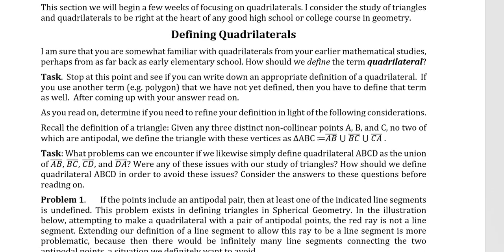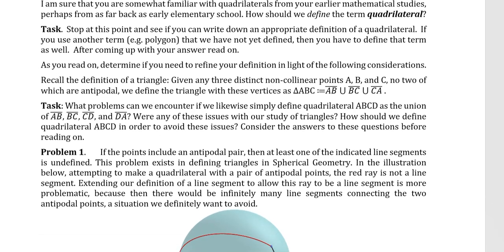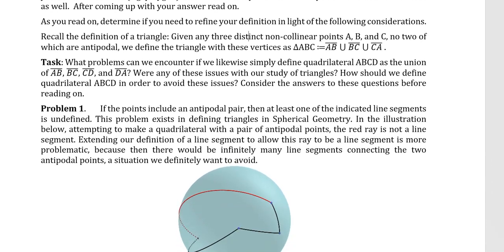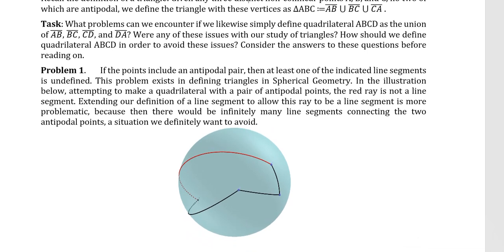Okay, so let's think about that a minute. Problem number 1. If the points include an antipodal pair, now this is only something for spherical geometry and non-Euclidean geometry. Recall that an antipodal pair is like the North Pole and the South Pole, this red thing here, ends at both of those poles. If you have an antipodal pair, then one of these things is not really a line segment. It's actually a ray going from A to A prime there.